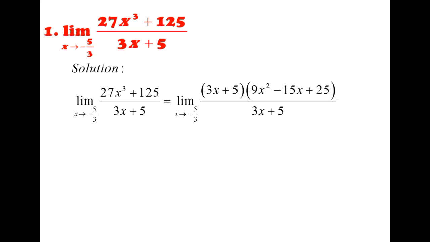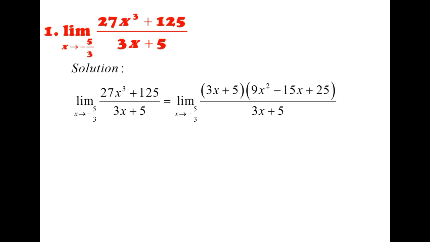In the next factor, we first get the square of the first term of the first factor, which is 3x. The square of 3x is 9x squared. Then, to get the second term, we get the product of 3x and 5, which is 15x.